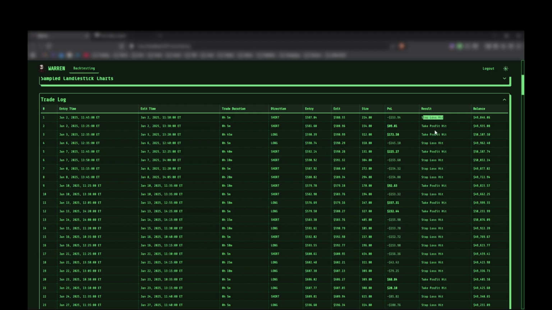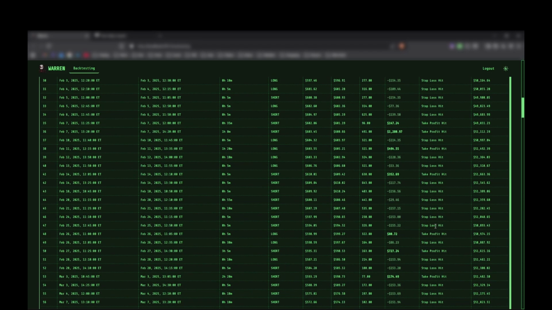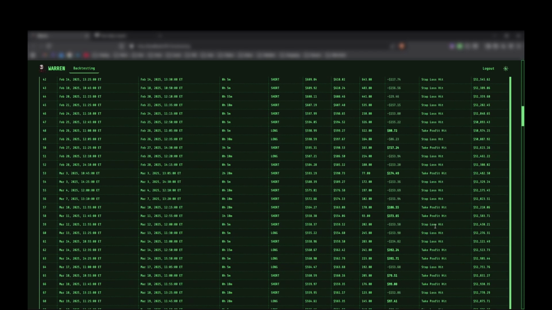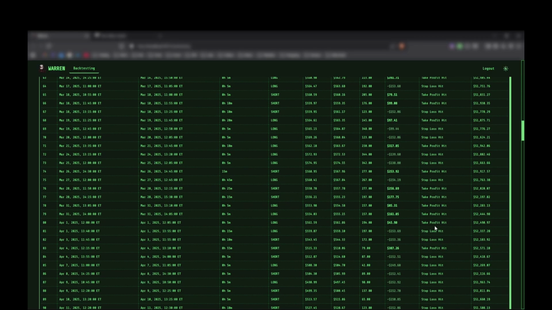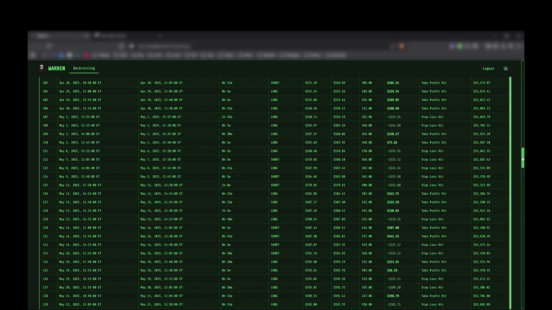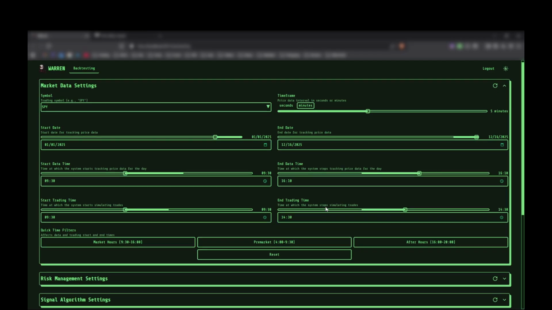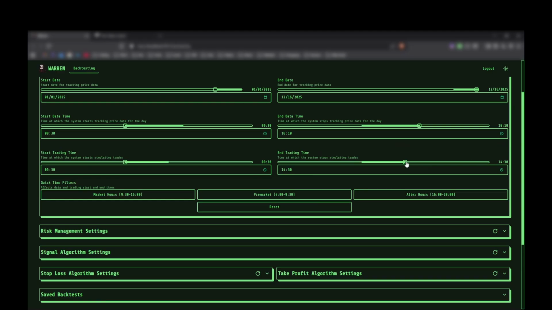And then the result. A lot of times you're going to get a stop loss hit or the take profit hit. Every once in a while, you'll get that the day ended. We'll see if we have any here. Probably none, because up here in market data settings, we cut off trading at 2:30, meaning the system did not take a trade after 2:30.